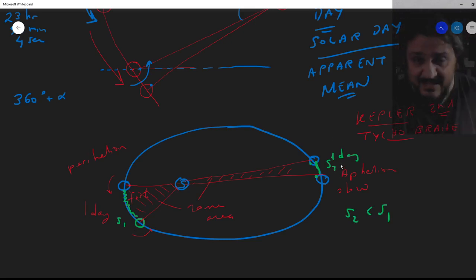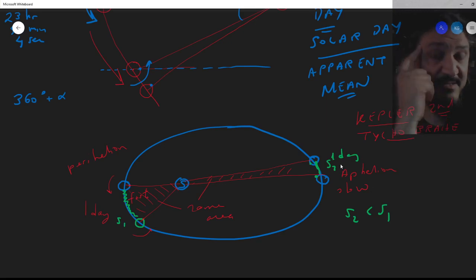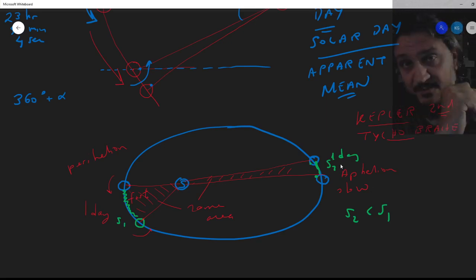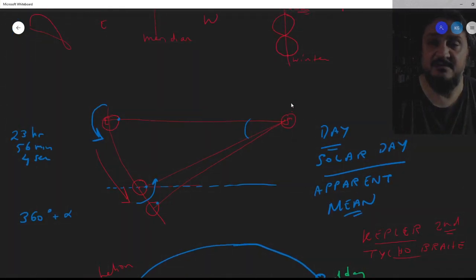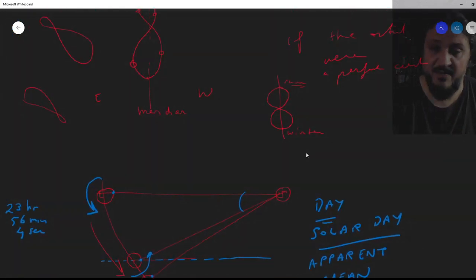after 1 day, after one mean solar day, the sun will be on your right. When you face south, the sun will be on the west of south. Okay, the sun will not be at the top anymore. So this contributes to the 8 pattern that I was telling you about.